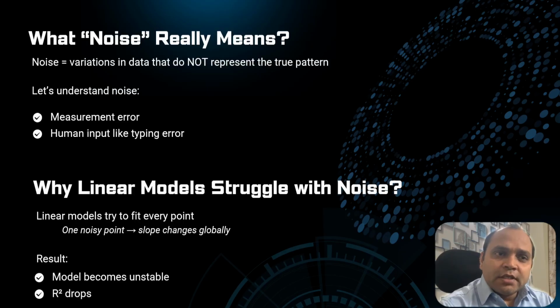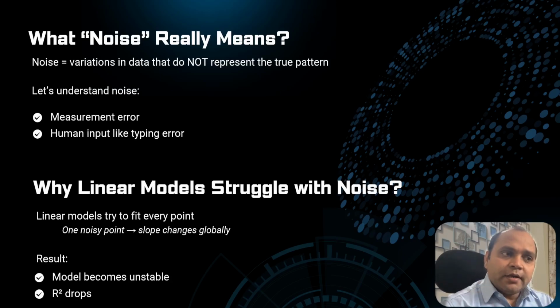And for this case, we can go with the random forest tree model. Here linear will struggle. Why will linear struggle? As you can see, a linear model always works based on the best fit line. That means it works with a slope.